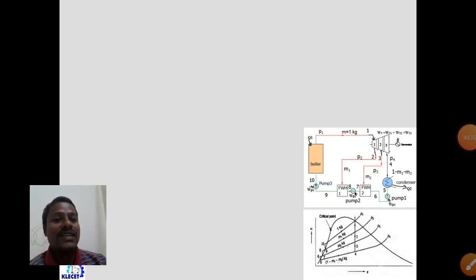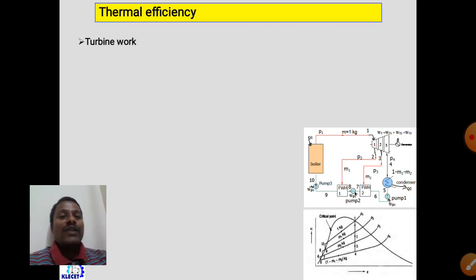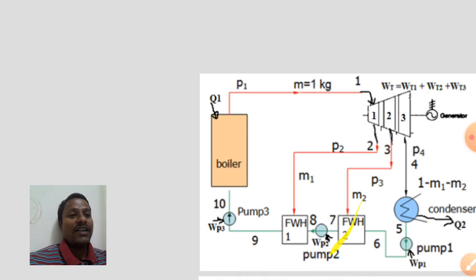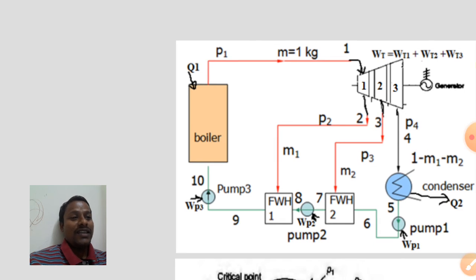Now let's look into the thermal efficiency expression for this cycle. So we know the thermal efficiency includes the turbine work, pump work as well as heat supplied expressions. If you look into the turbine work, there are 3 turbine stages as we have already observed in this cycle.